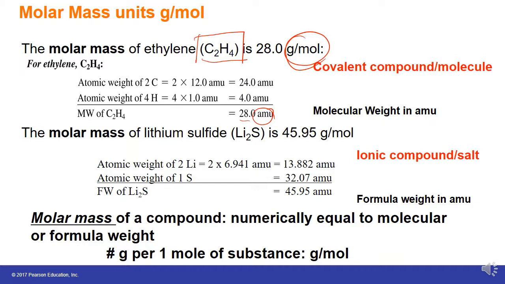The molar mass is numerically equal to the molecular weight or the formula weight. We're just now going to use grams per mole. That just means I have a certain number of grams per 1 mole of substance, okay?